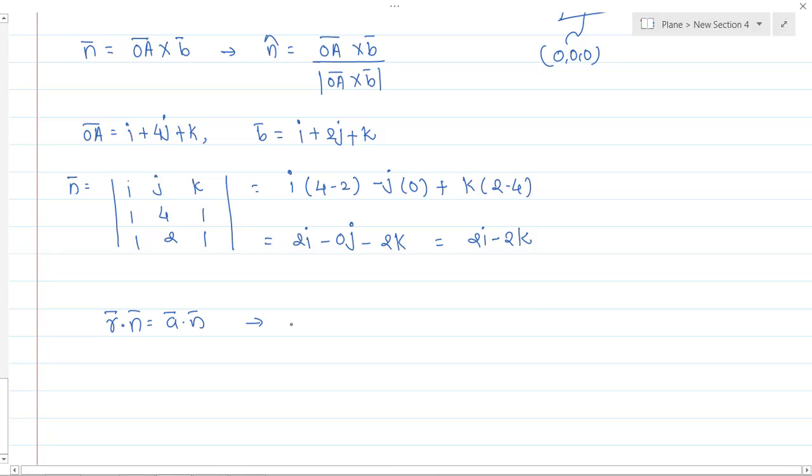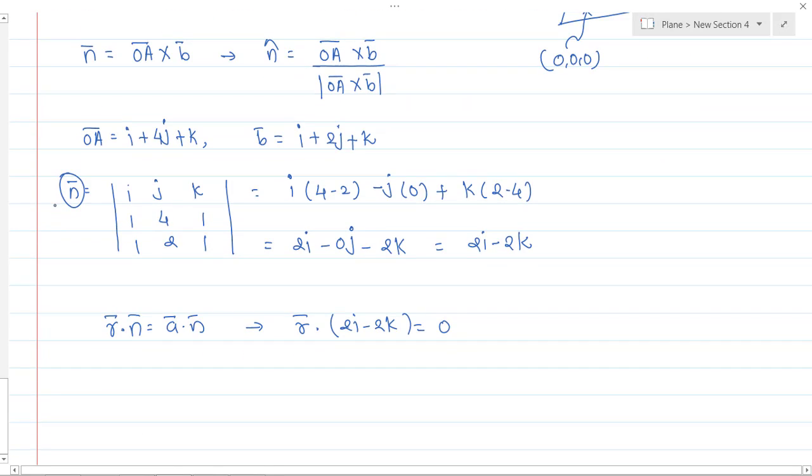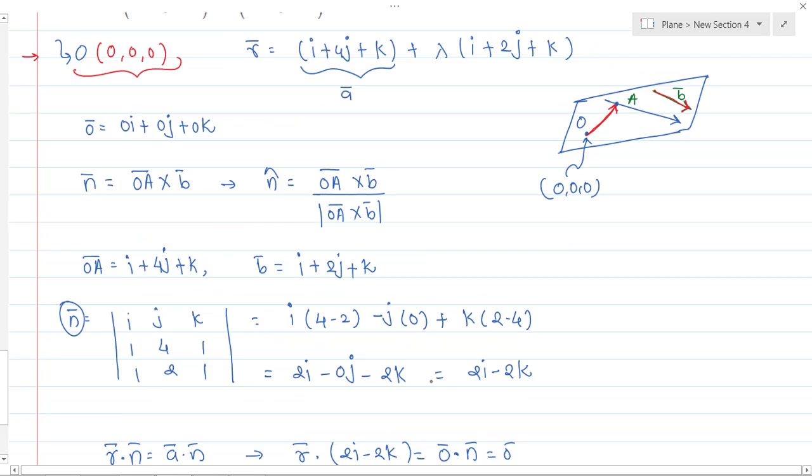Here n bar is the cross product, which is 2i minus 2k, and a bar is the origin through which your plane is passing, so a bar dot n bar is 0. So r bar dot (2i minus 2k) equals 0. We need the vector form.